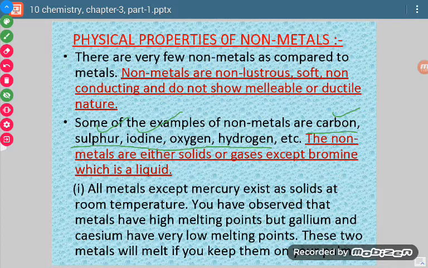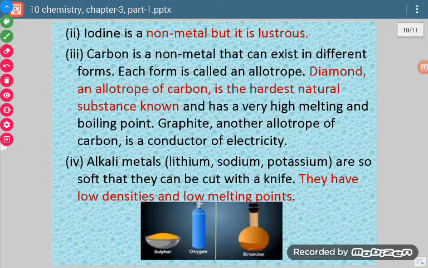Now the non-metals are either solids or gases, except bromine. Now see, bromine is a non-metal, but it is a liquid. All metals except mercury exist as solids at room temperature, but mercury is the only metal which exists as a liquid. So now we are discussing the exceptional cases. Mercury is a metal, but it exists in a liquid state.